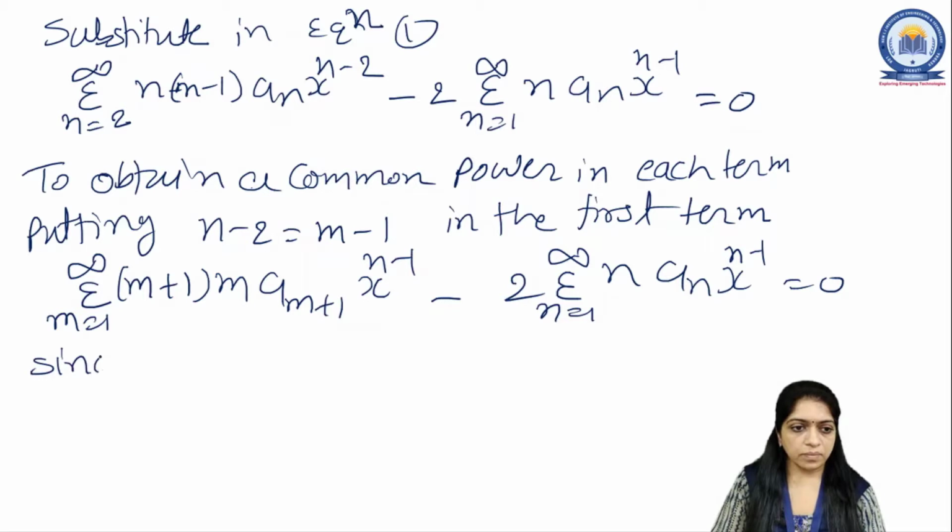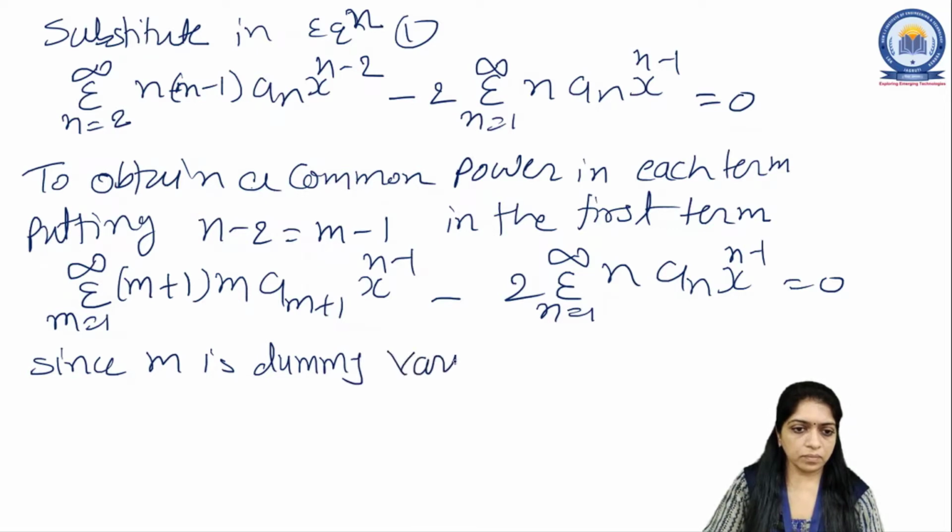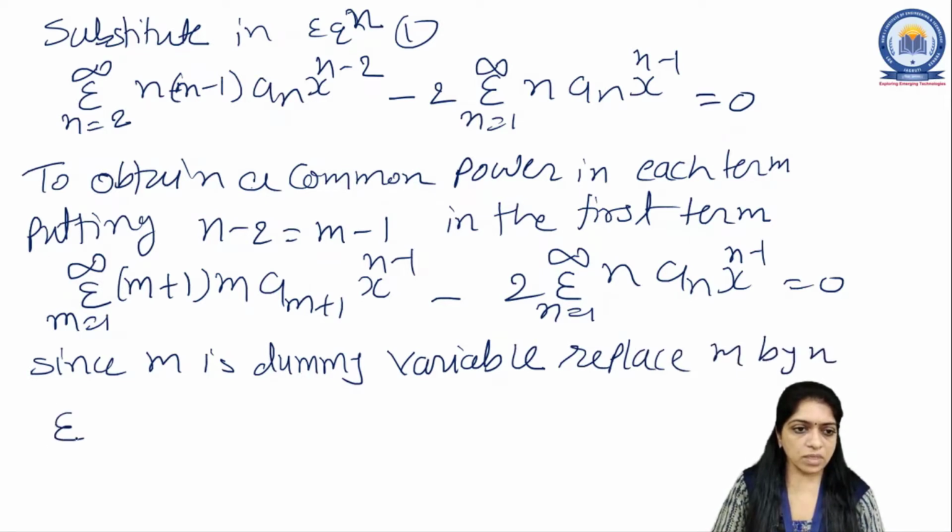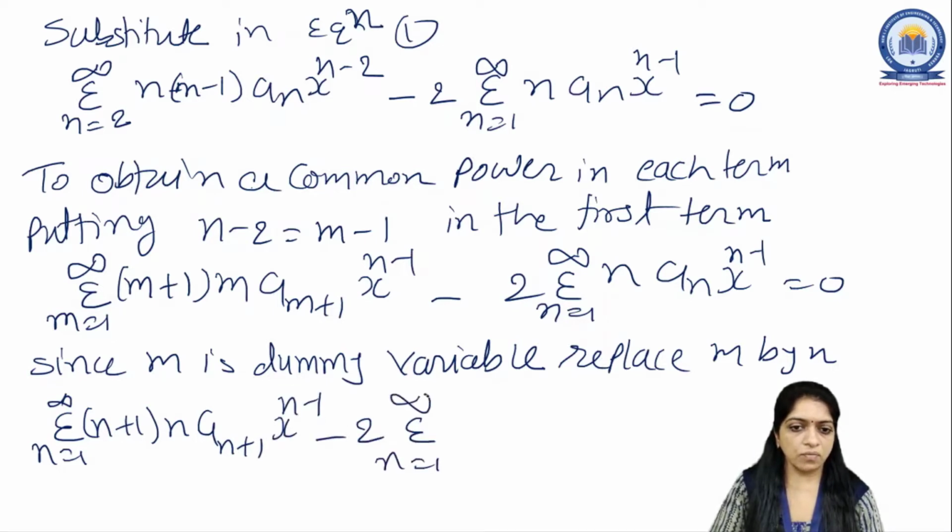Since m is a dummy variable, replace m by n. So here summation n 1 to infinity n plus 1 into n a n plus 1 x to the power n minus 1 minus 2 times summation n 1 to infinity n a n x to the power n minus 1 equal to 0.